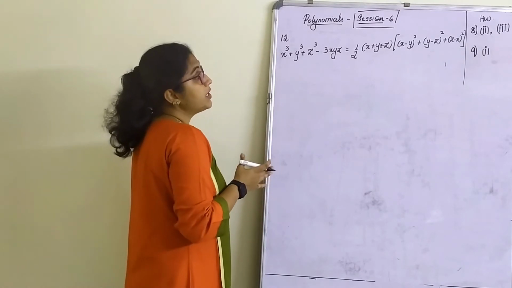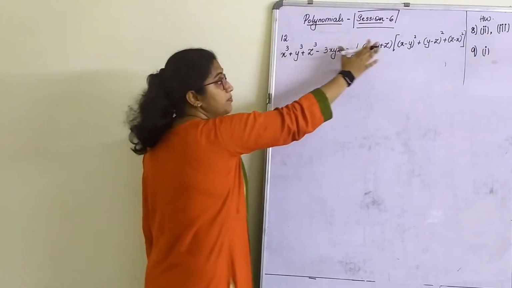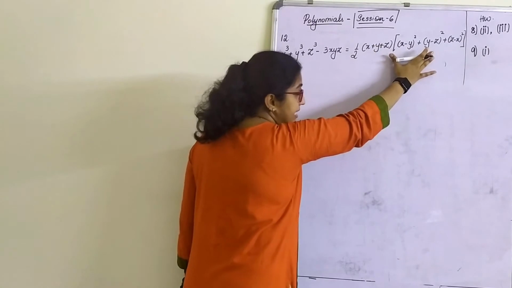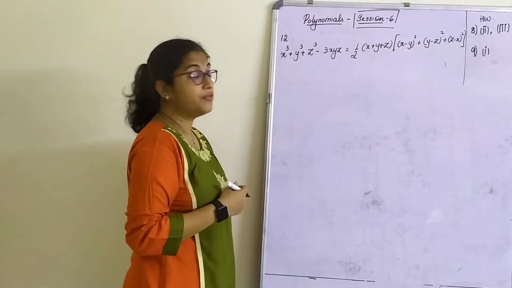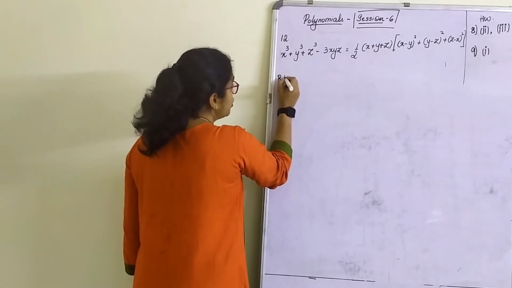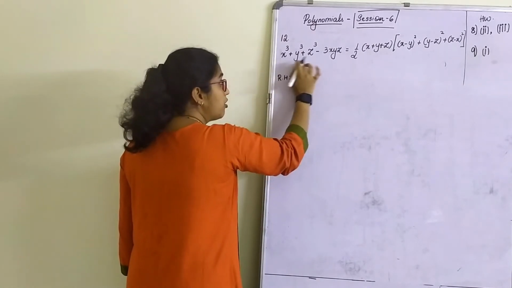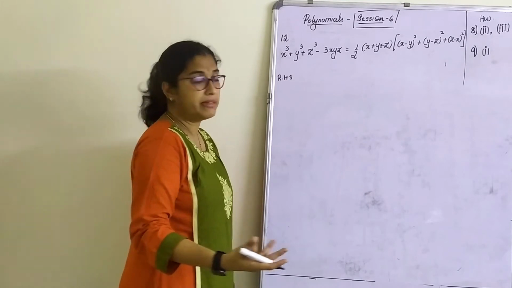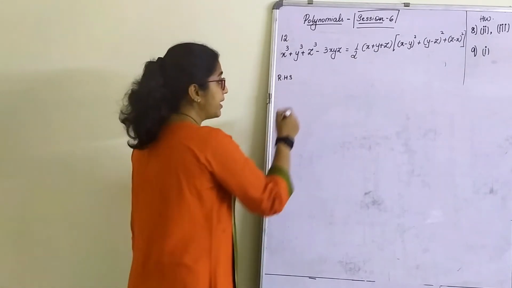So what we will do here now? We will not take LHS and prove RHS. Rather, I will take RHS and prove LHS. We can also take this and prove, there are different methods, but we will use the easiest one.